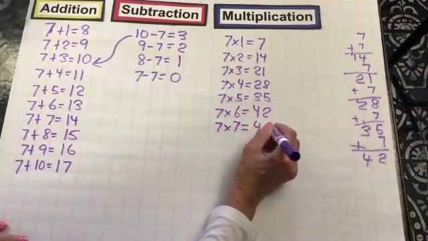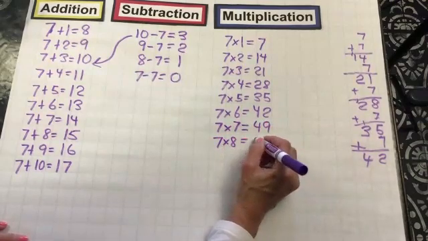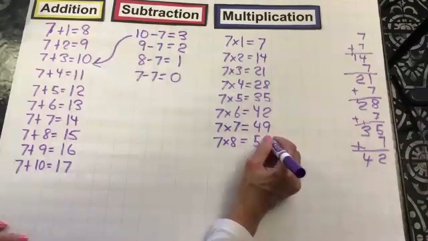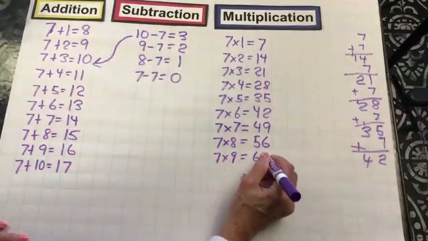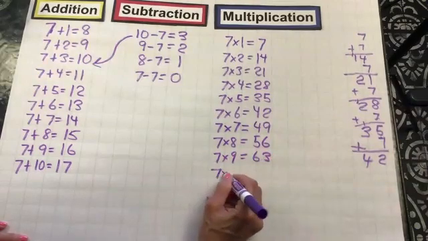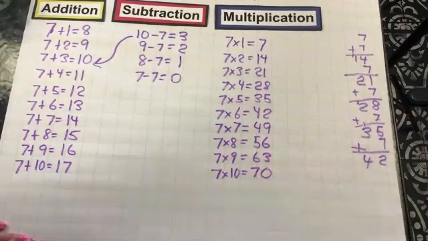7 times 7 is 49. 7 times 8 equals 56. 7 times 9 equals 63. And 7 times 10, of course, is 7 with a 0, 70.